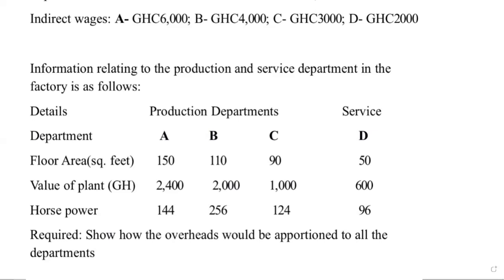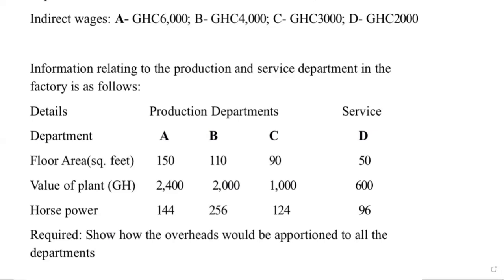Value of plant is 2,400 for production department A, 2,000 for department B, 1,000 for department C, and 600 for department D. The horsepower is 144 for A, 256 for B, 124 for C, and 96 for D. It says required, show how the overheads would be apportioned to all the departments.